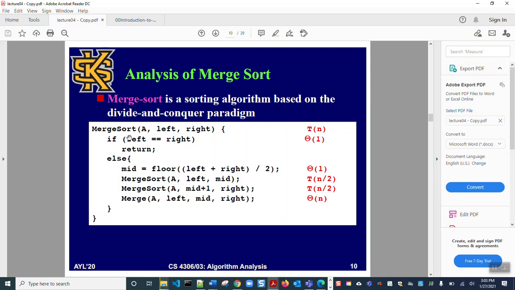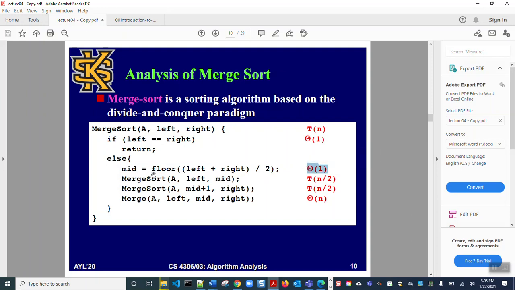The check if left equals right is one check, a constant, so it takes theta 1 constant time. It doesn't depend on the size of the array. Else, calculating the mid value is straightforward, so it also takes theta 1, constant time.